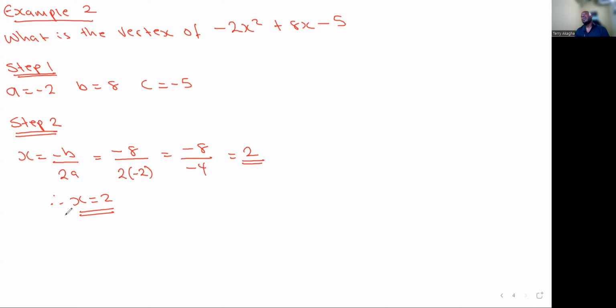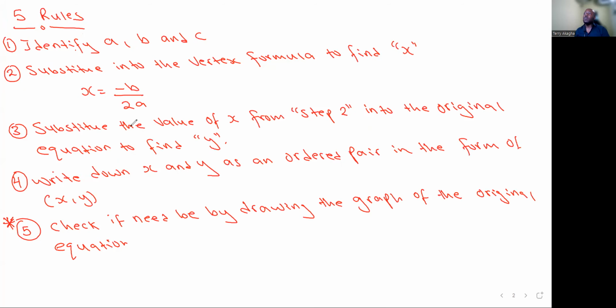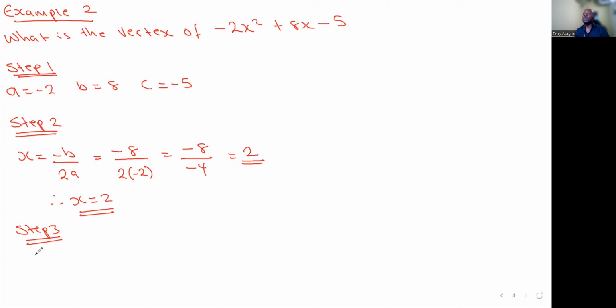All right. Now step 3 said we need to substitute the value of x from step 2 into the original equation to find y. So we know y, the original equation, is minus 2x squared plus 8x minus 5.